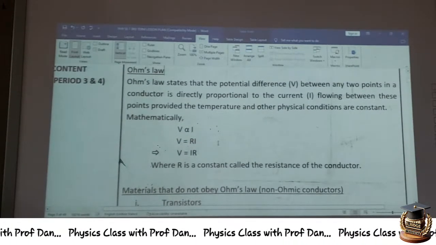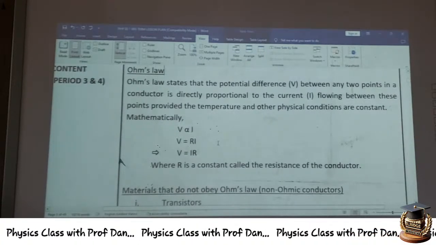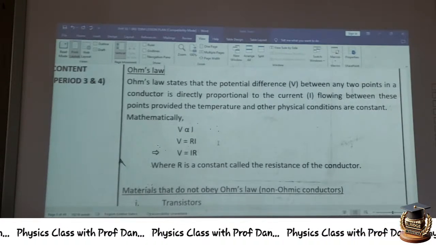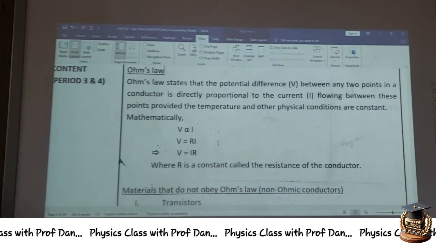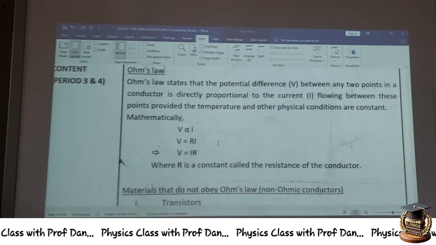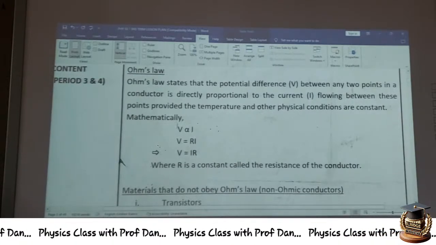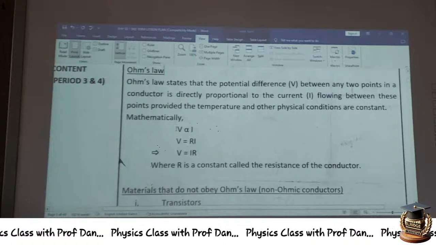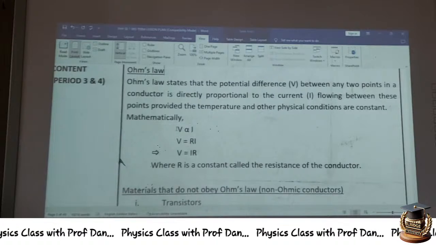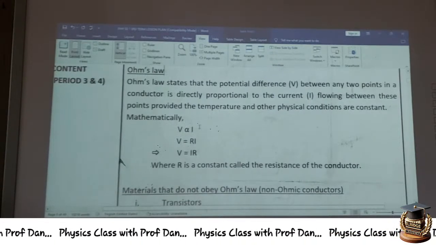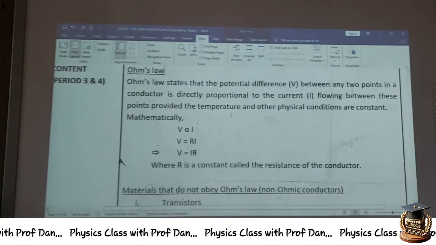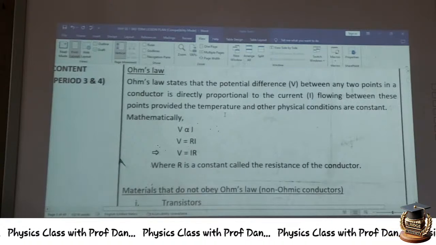It is the law that was stated by Sir George Ohm, and he states that the potential difference V between any 2 points in a conductor is directly proportional to the current I flowing between these points, provided that temperature and other physical conditions are constant.